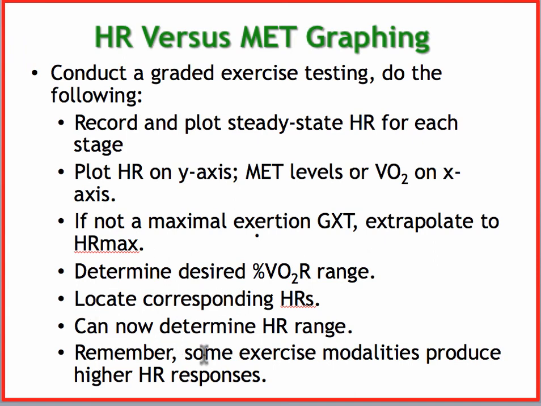But different exercise modalities produce different heart rate responses. That's why it's really important that the cardiorespiratory test you're doing with your person correlates very well with their training mode, so that they can use workload values to predict heart rate values.